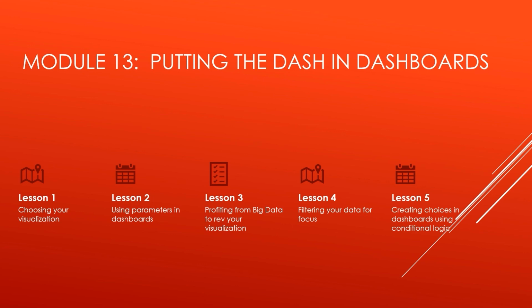In Module 13, we started by creating a copy of our animated visualization, and we changed the date format to match our what if sales visualization, and we placed both of them on the same dashboard.